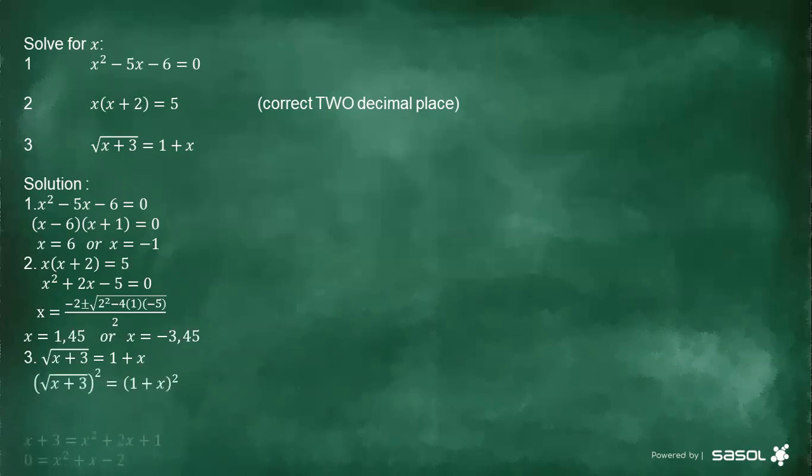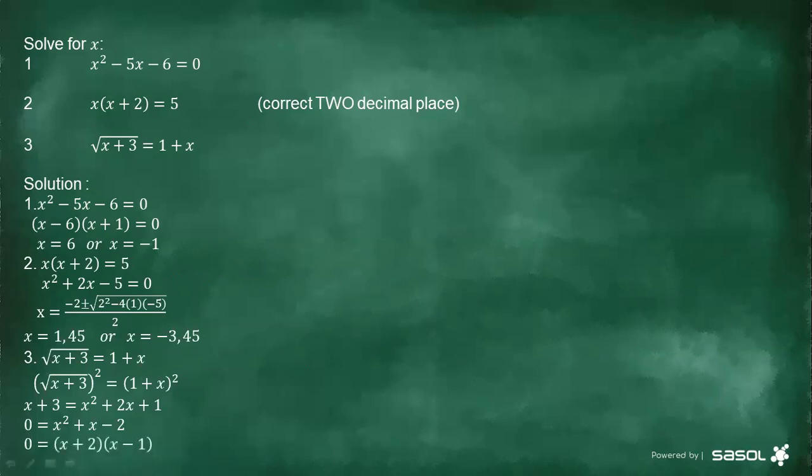After squaring both sides, the square root is gone. We are only left with x + 3 equals, on the right hand side, (1 + x) all squared. That is going to give us 2 brackets. Then we multiply using FOIL, and it is going to give us x² + 2x + 1. Then we take everything to one side.